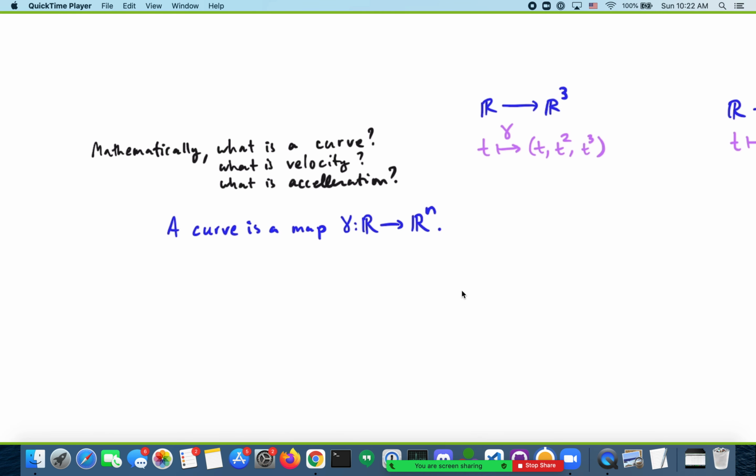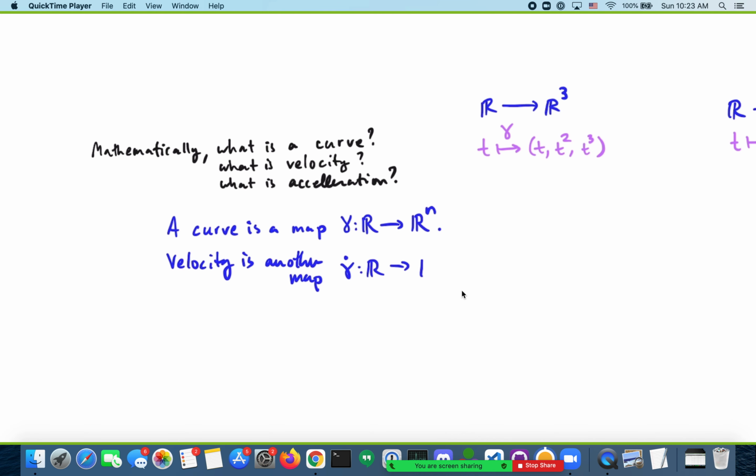What is velocity? Velocity is another map. We usually call it gamma dot. In physics they say that, or gamma prime is often used elsewhere in math. But I like the gamma dot.